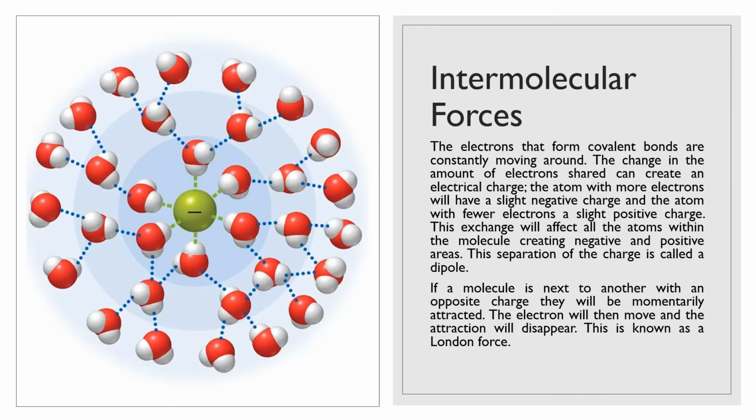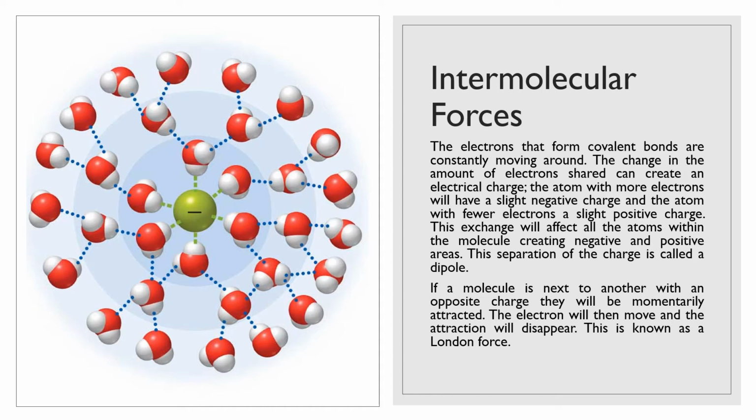Now let's consider intermolecular forces. The electrons that form covalent bonds are constantly moving around. The change in the amount of electrons shared can create an electrical charge. The atom with more electrons will have a slight negative charge, and the atom with fewer electrons, a slight positive charge.